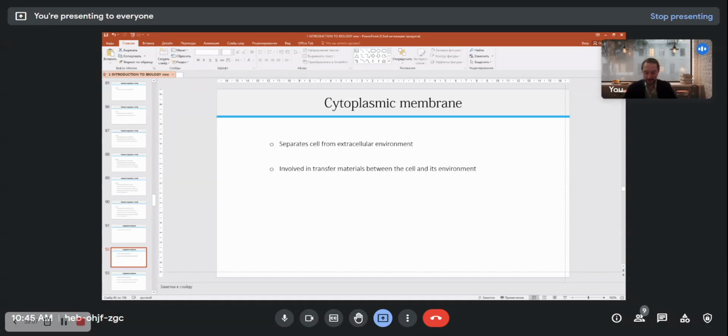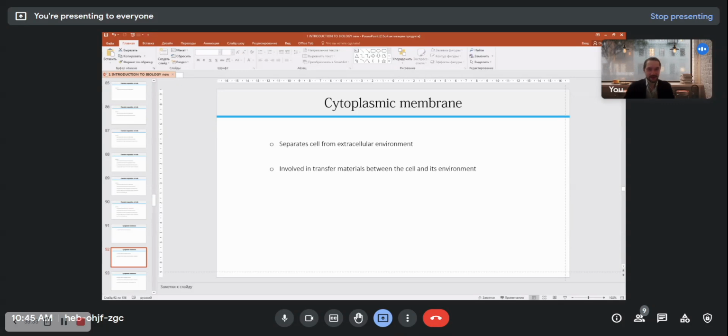And also you acquire a lot of components that can somehow transfer through the skin. So skin is not only a mechanical barrier, skin is also a tissue that performs a very important function of interaction between your body and the external world.